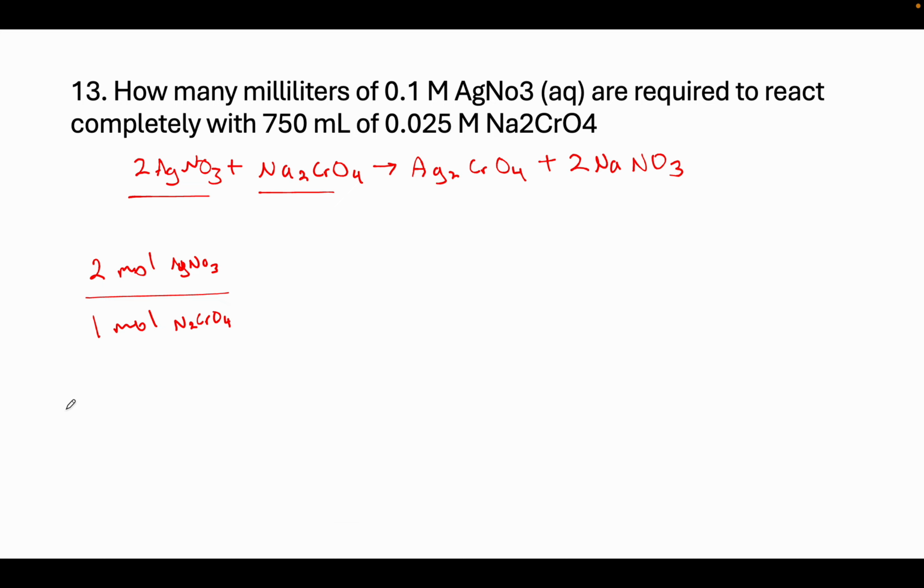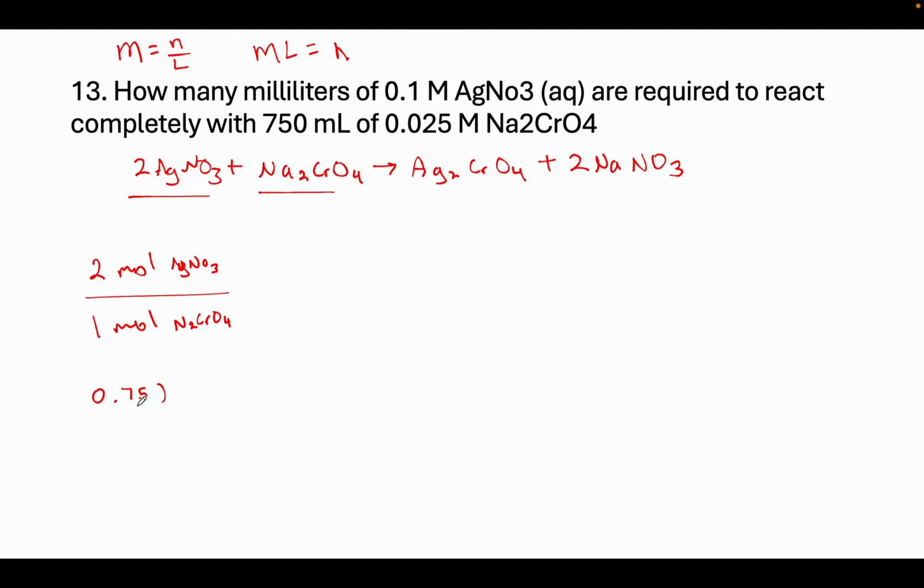We're still using this formula, M equals N over L. So if we do M times L, we get the moles, which is N. 750 times 0.025, but in liters. So 750 milliliters, you have to convert that to liters. Just divide it by 1,000, which is 0.75.